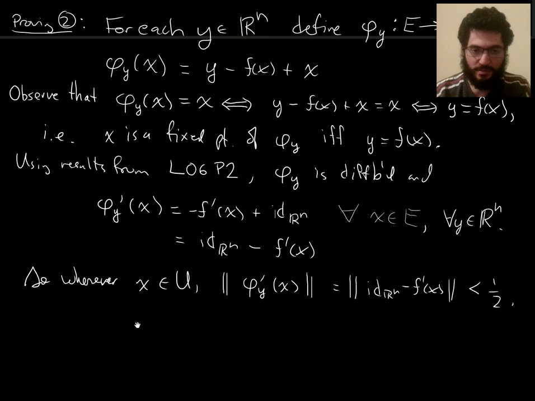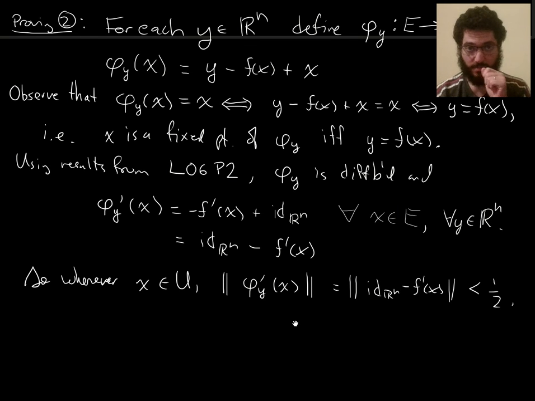All right, so that's telling me that inside U, the derivative of phi sub y is bounded in norm. That puts a restriction on how much phi can change as I vary points inside U.